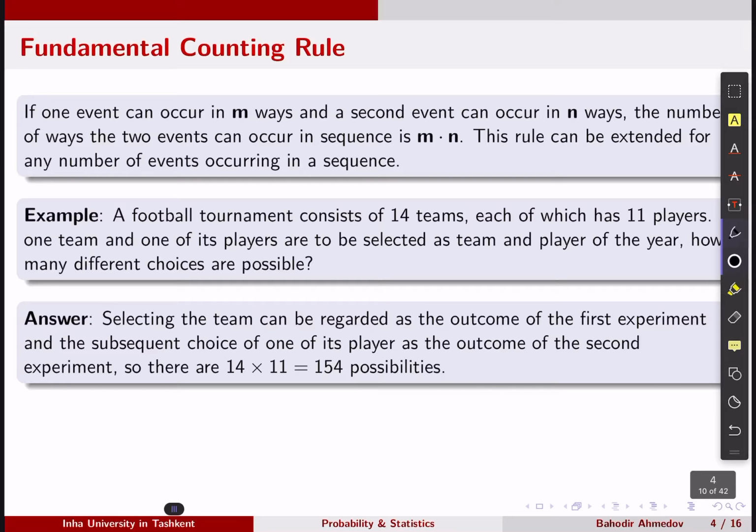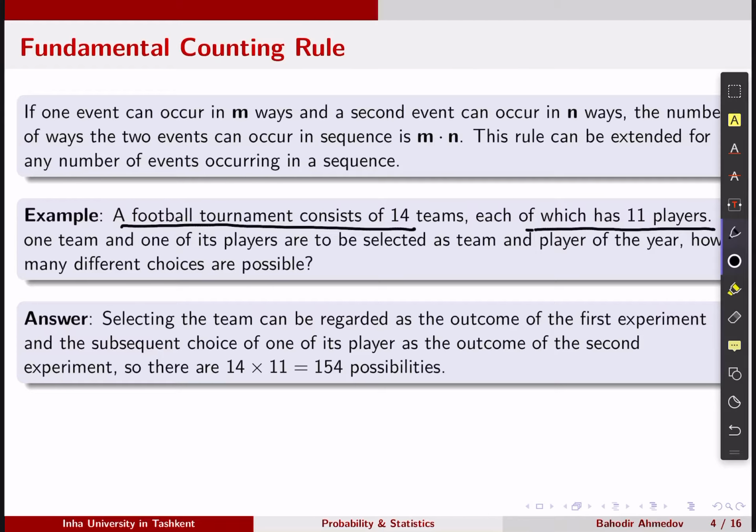Here is an example about a football tournament. The football tournament contains 14 teams and every team contains 11 players. What we need to do is choose any team and any player from any team. How many different possibilities do we have?